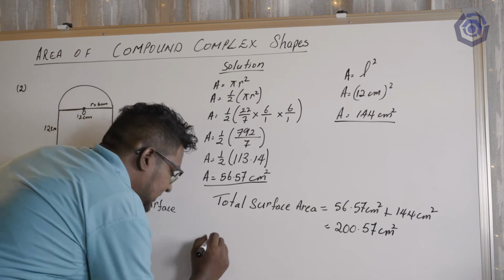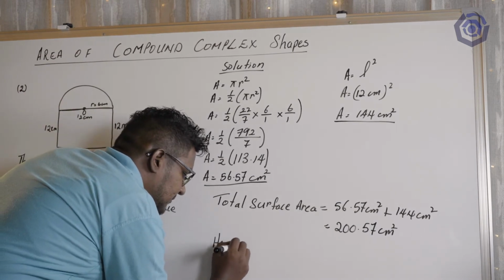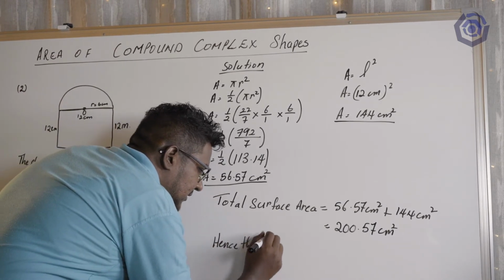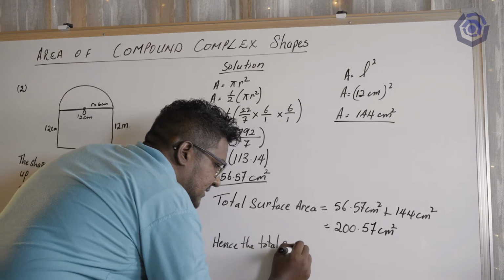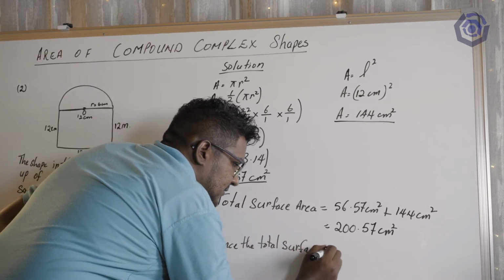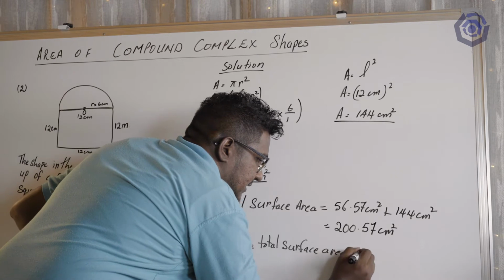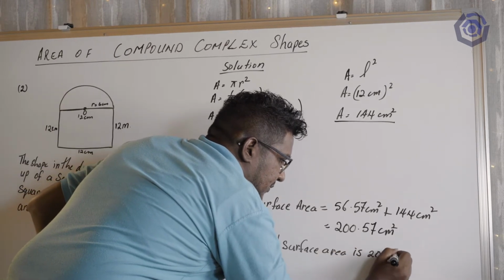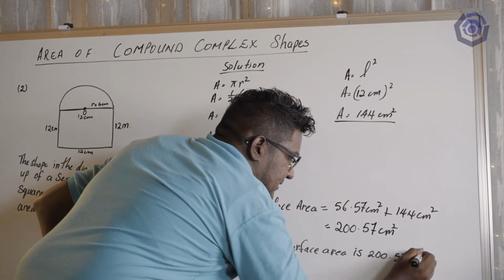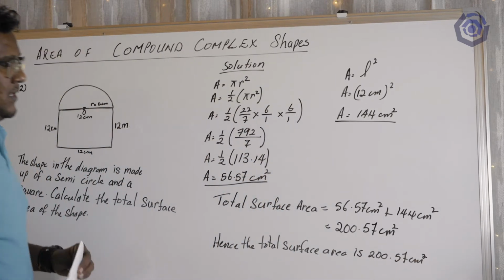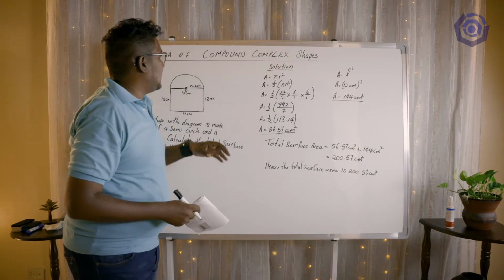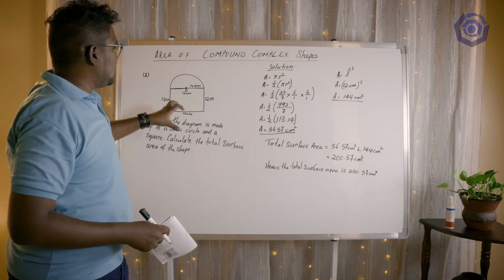And we make our final statement, hence the total surface area is 200.57 cm squared.